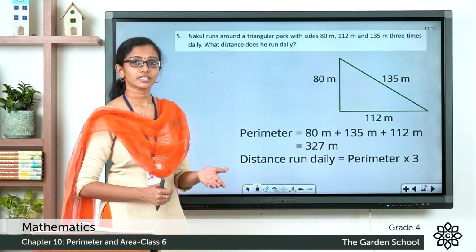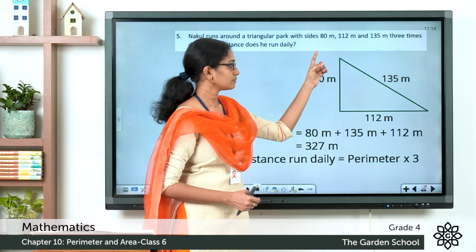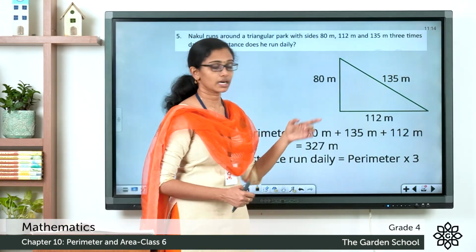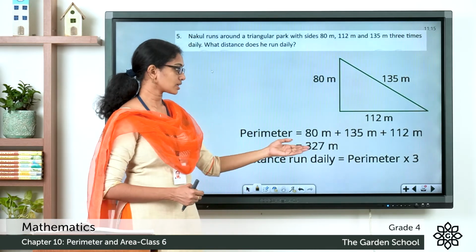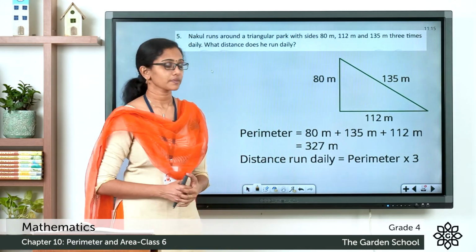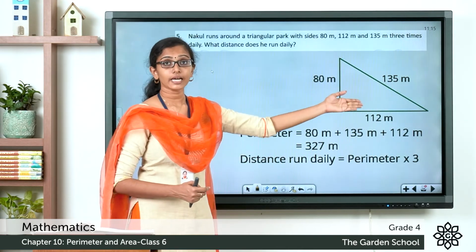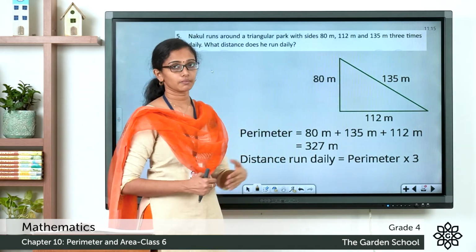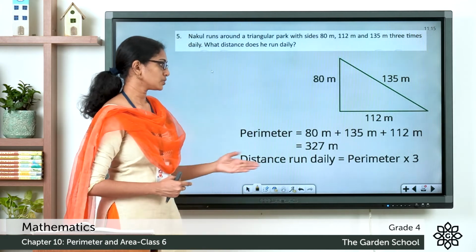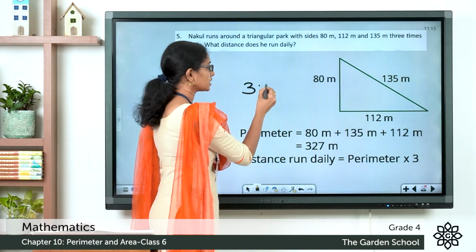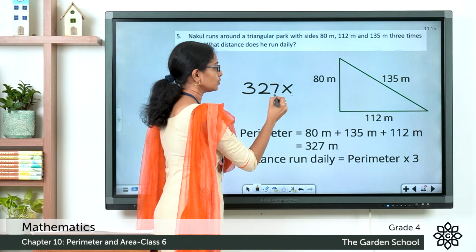The perimeter is equal to 80 plus 135 plus 112 and that is equal to 327 meter. And the distance he runs daily is equal to 3 times this distance, or 3 times the perimeter. So, that would be equal to 327 into 3.